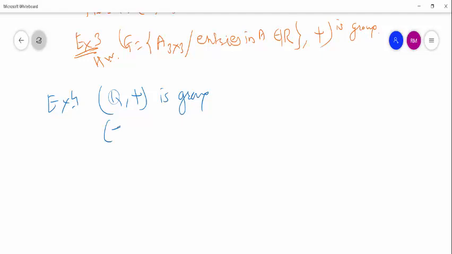But if you take the set of rational numbers, suppose this is example 5, check whether it is a group or not.